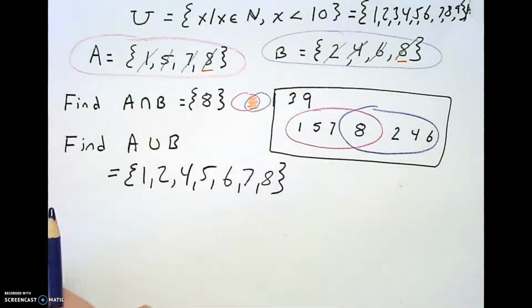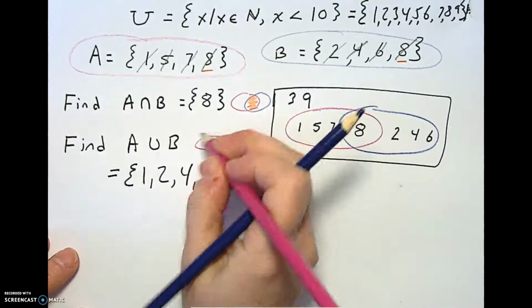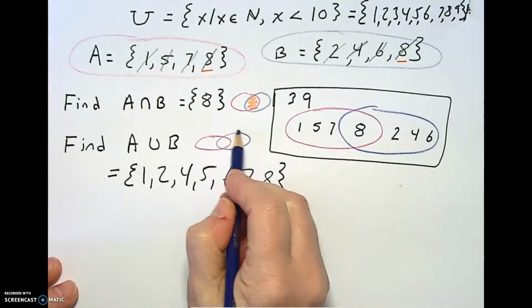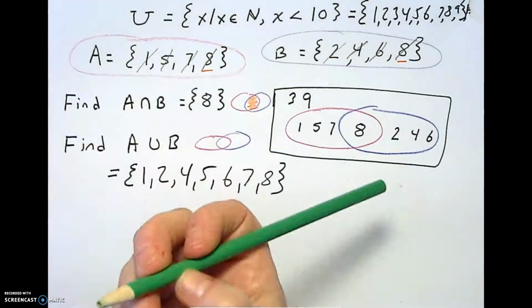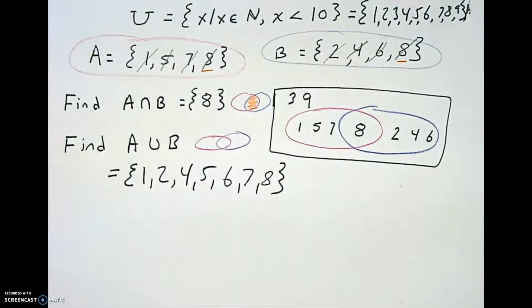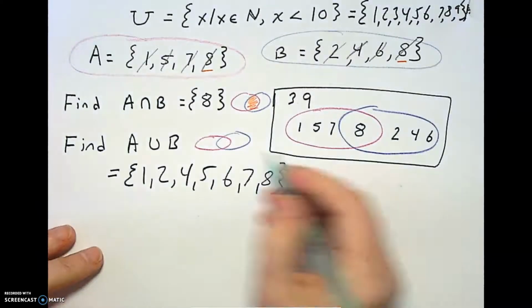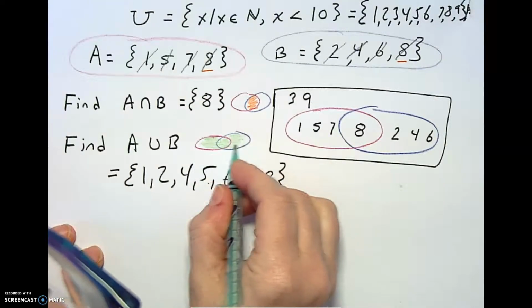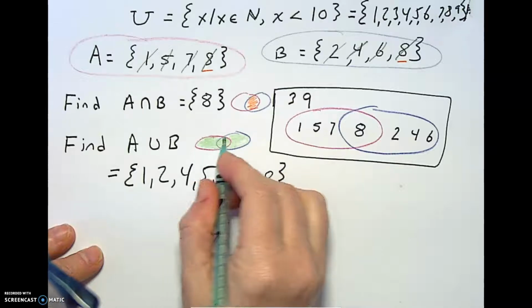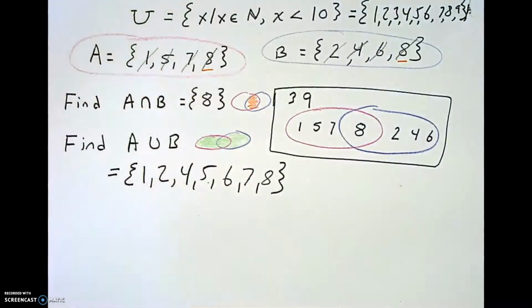And for A union B, I'm going to do green for union. I'm going to shade this whole thing that looks kind of like a peanut. So there's A union B. We did it both ways, with the Venn diagram and by just crossing them out and seeing what's shared or not.